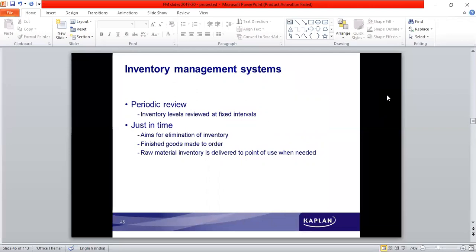The next topic is inventory management systems. There are two different types of inventory management systems. One is called as perpetual inventory system. Second one is called as periodic inventory system.